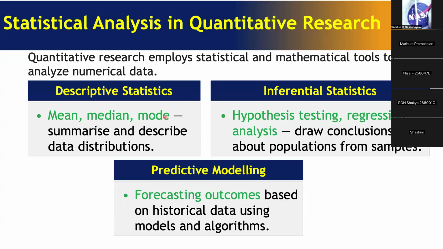It's summarizing the sample data. And the next one is inferential statistics. Even though it states hypothesis testing, regression analysis, what it really does is, you have a set of values, like your April expenditure, the minimum, the standard deviation, and all these values. So, you infer about the entire expenditure.